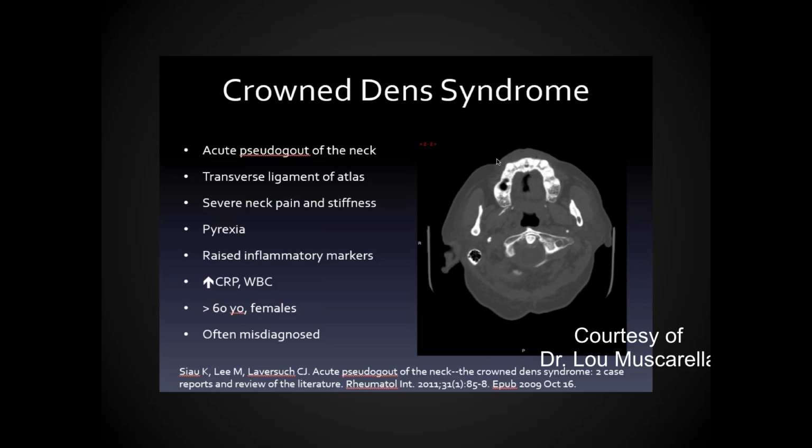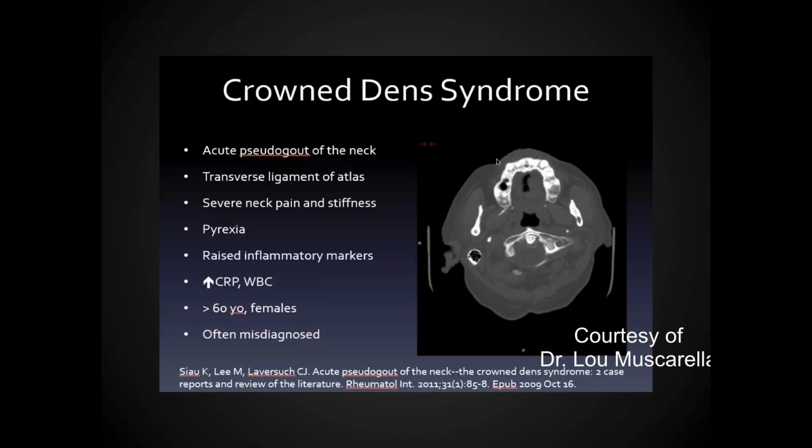But certainly it is possible that you could have it due to inflammatory conditions, but it's called Crowned Dens syndrome. Be aware of that because a lot of people don't know about it, and it's often missed. But it's usually treated conservatively, as you might expect.